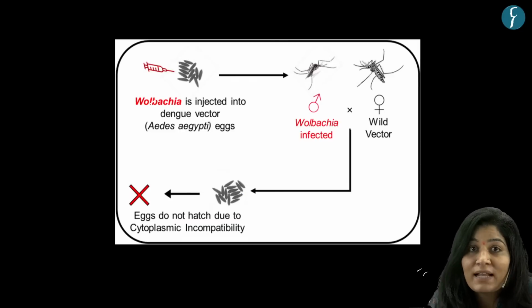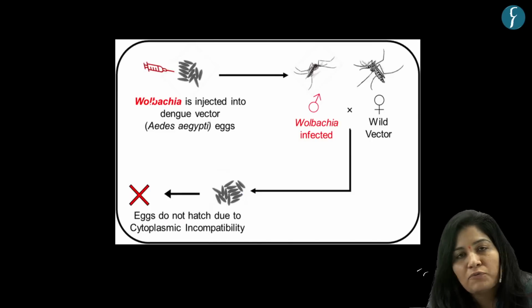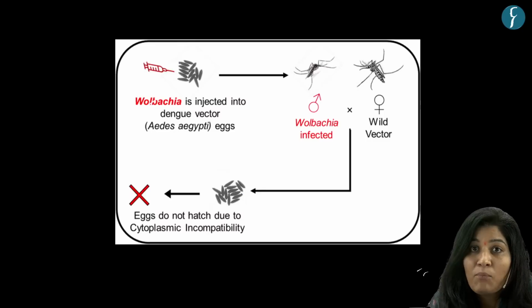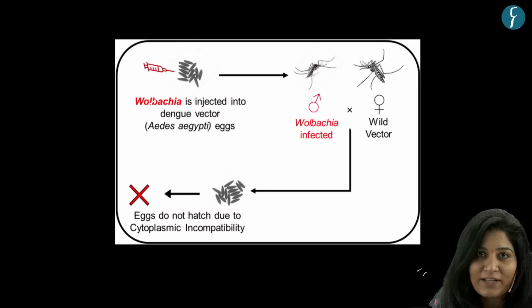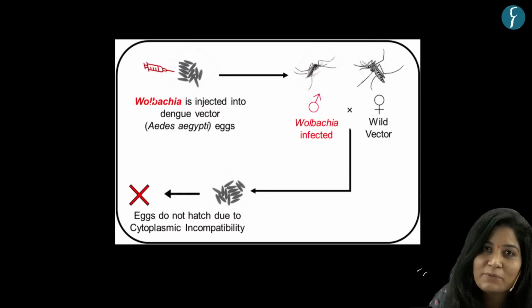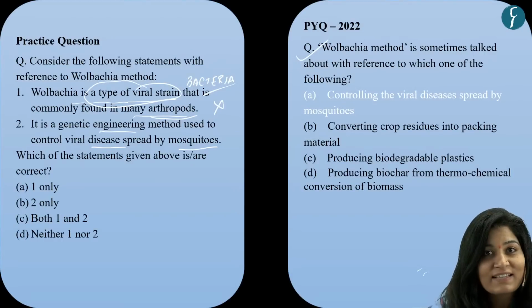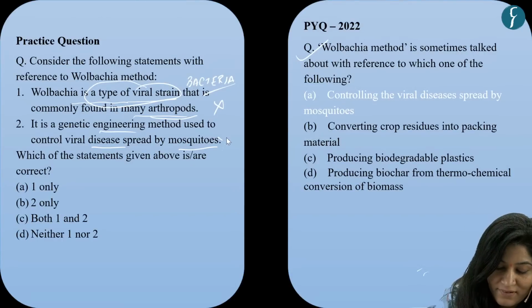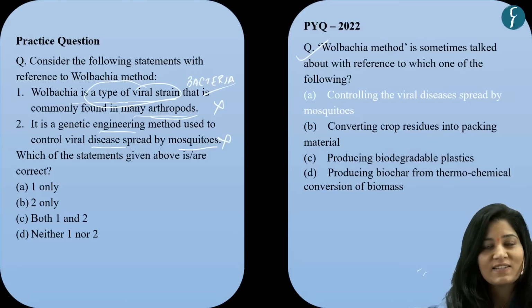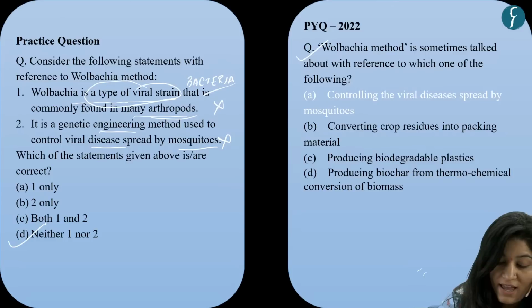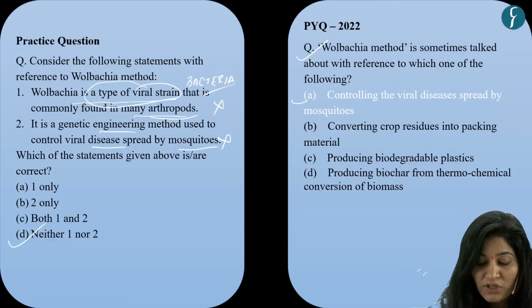So when this male mosquito will mate with a female mosquito, the offspring will also have Wolbachia bacteria, which makes them less likely to survive. And that is why this method is quite successful in curbing dengue cases. This makes our second statement incorrect. So here our answer is neither one nor two. And the answer of this PYQ is option A.